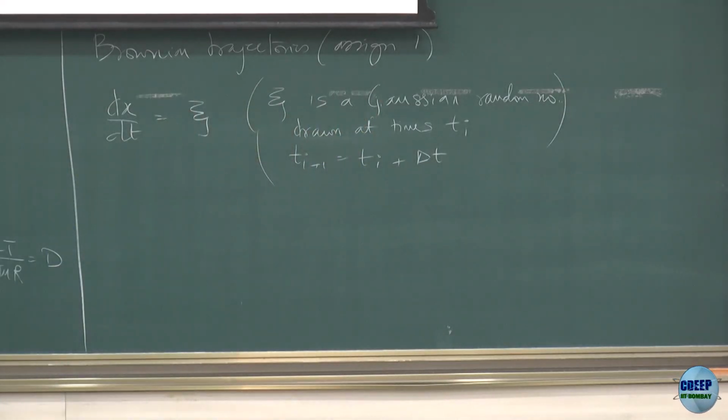What I want to do is computationally simulate a random walk which is consistent with the kind of motion Langevin was thinking about. So I would say dx by dt is equal to some stochastic force.